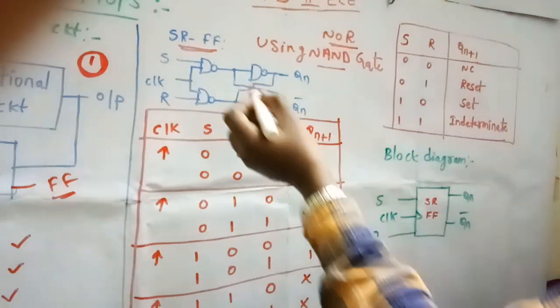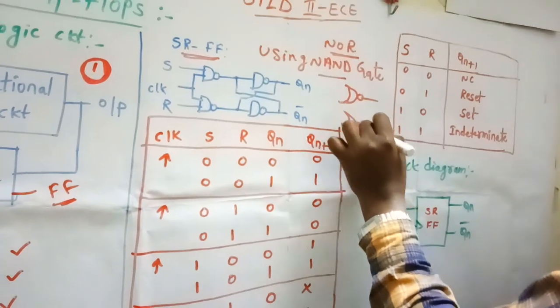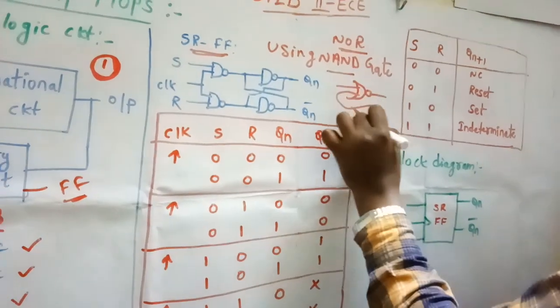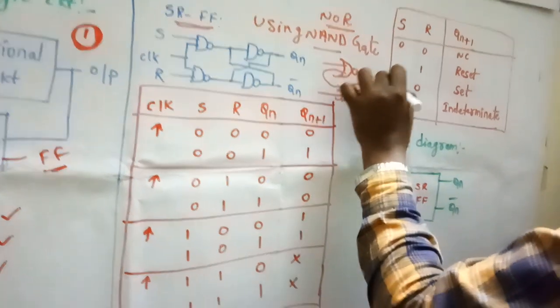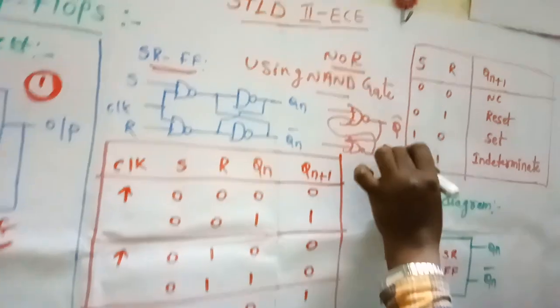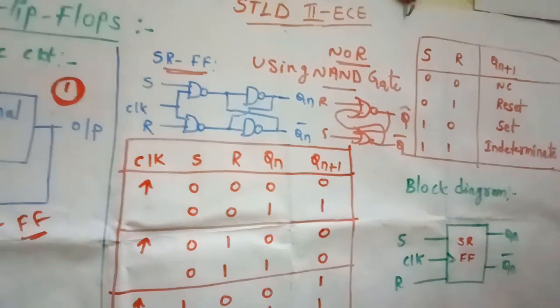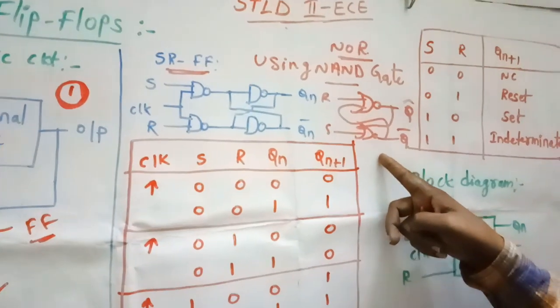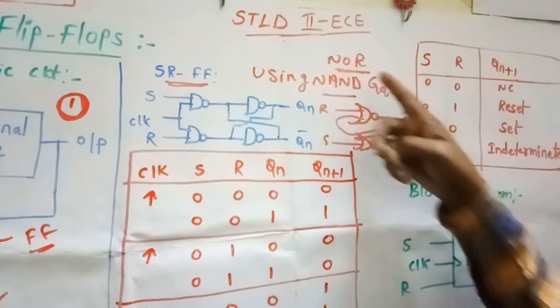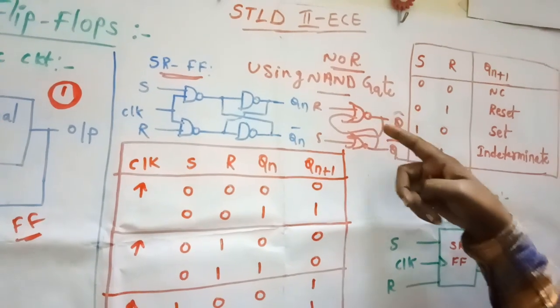So for example, using NOR, this is the diagram for the SR flip-flop using NOR gate. This is the output Q and Q bar. This is R and S. Like this we write the diagram for the SR latch using NOR gate.